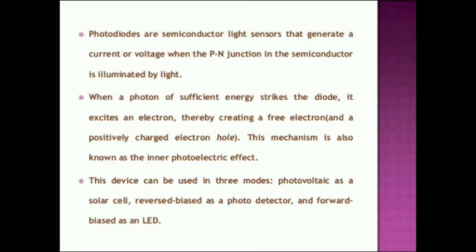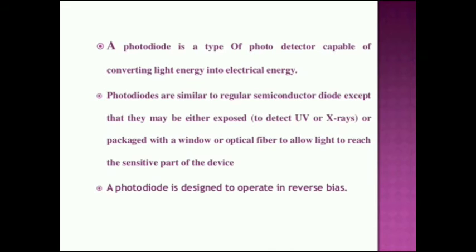This device can be used in three modes: photovoltaic as a solar cell, reverse biased as a photodetector, and forward biased as an LED. A photodiode is a type of photodetector capable of converting light energy into electrical energy.